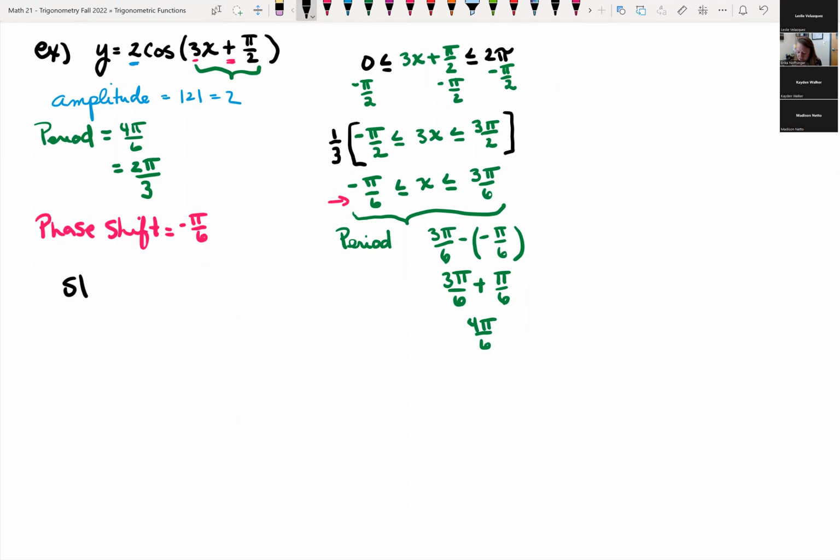Before we do that, we have our start value of one period, which is, not negative pi over 2, negative pi over 6. And we got our end value of 4 pi over 6. And so we want to find our halfway mark. To find the midpoint, recall you add your values and divide by 2. So let's do some work over here on the side.